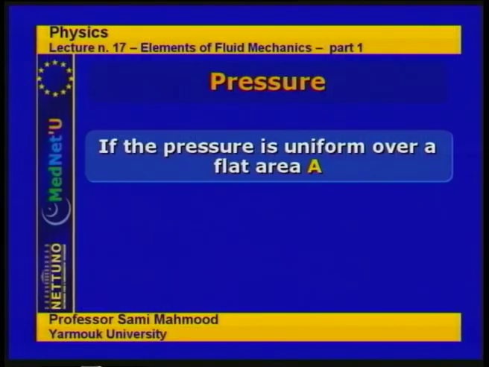If the pressure in a fluid is uniform, then if we have a flat area A, not necessarily a small element, because the pressure is uniform, if we take the whole flat area and measure the total force exerted on that area, the total force divided by the total area is equal to the pressure.